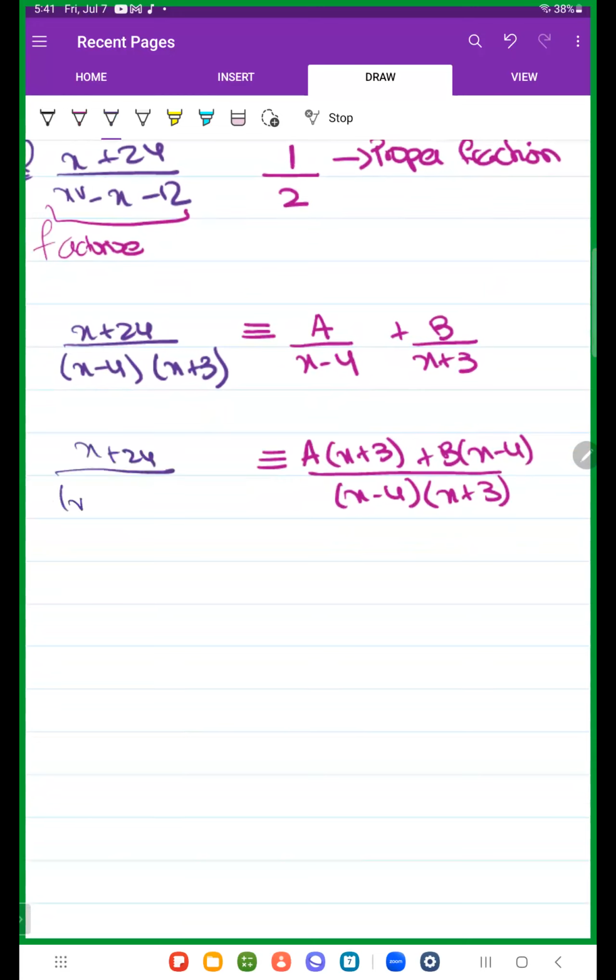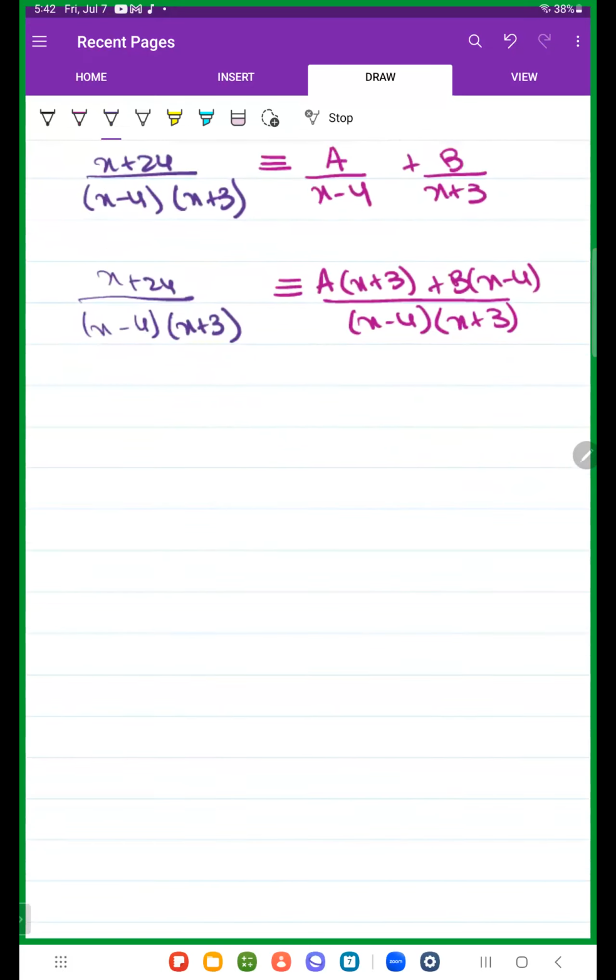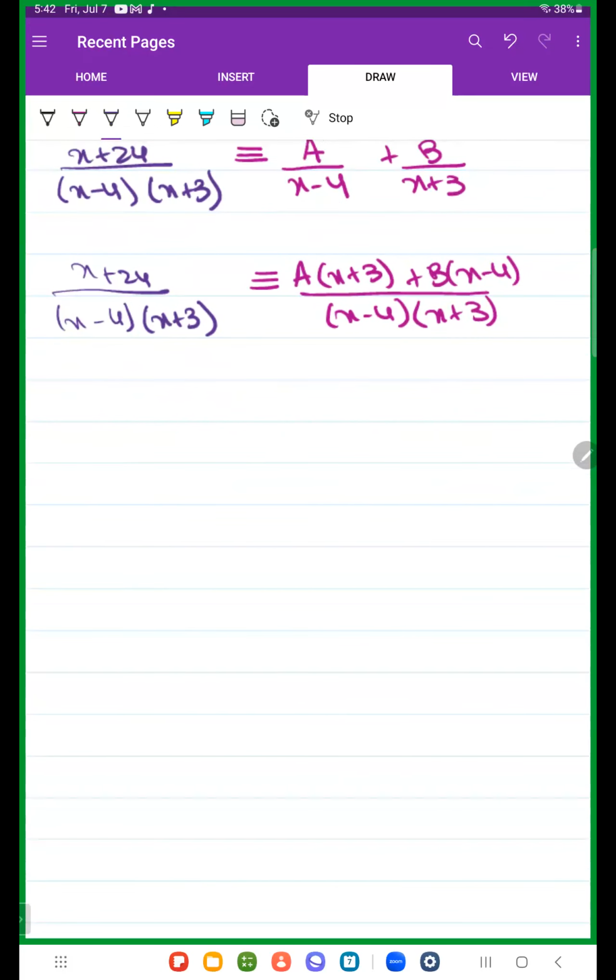Make sure you're copying the left side as well. All right. What is the next step, Anusha? Now since the denominators are same, we're going to consider the numerators only. So you do b into x minus 4.